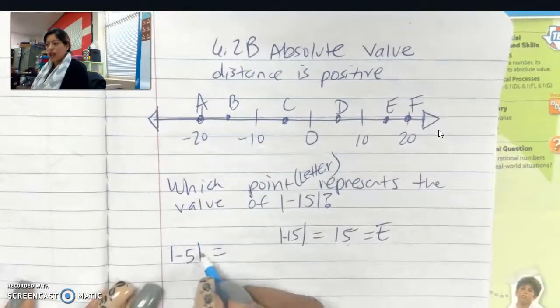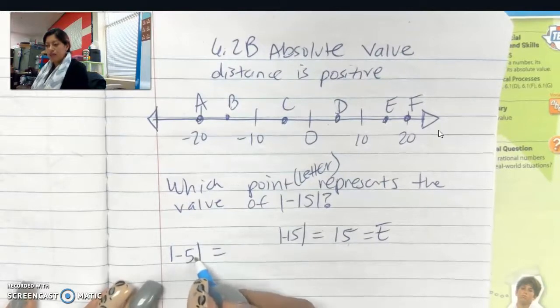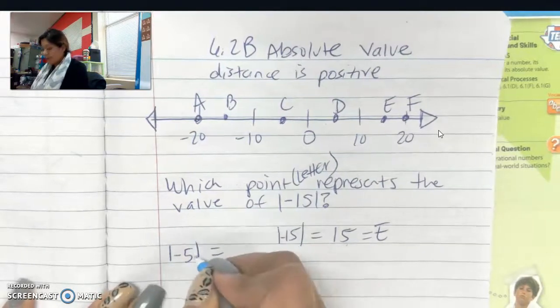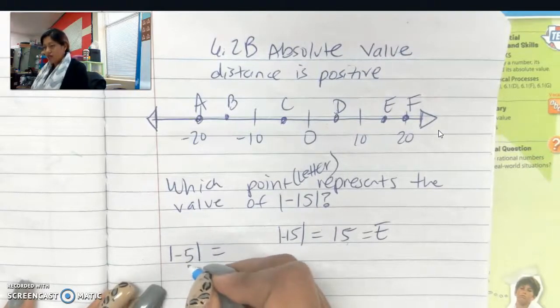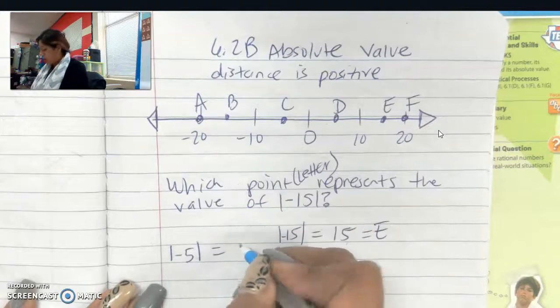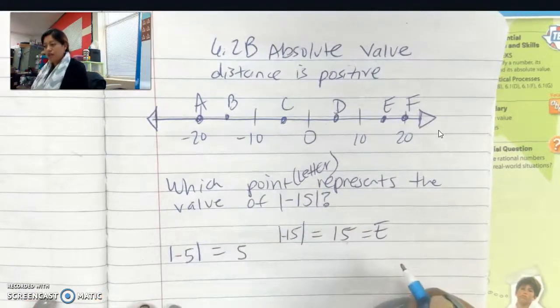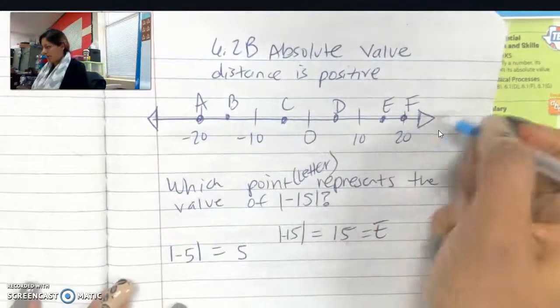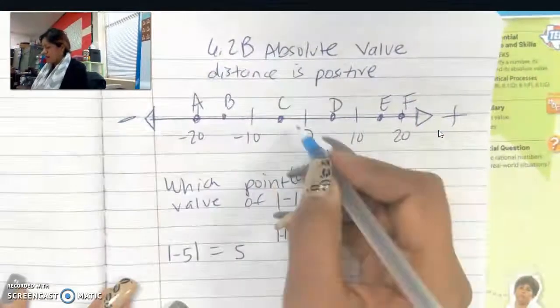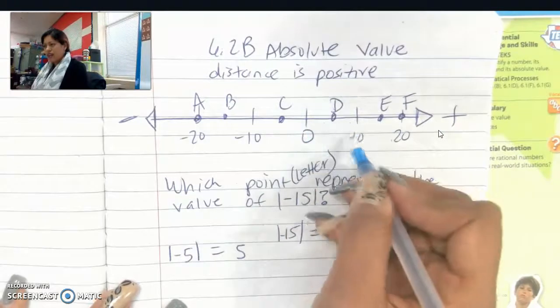All right, so the absolute value of negative 5. All right, so that means the numbers are inside, so that means everything's going to be positive. So this is going to be a positive 5. So I go to where 5 is on the positive side. Remember, this is positive, this is negative. So here's 0, so then here's 10.